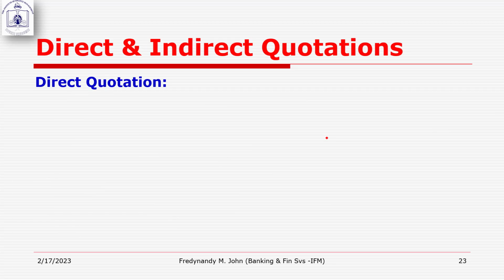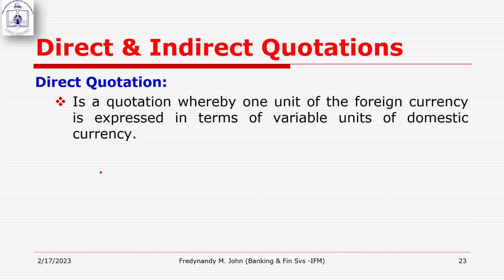Now, you have the issue of direct and indirect quotation. A quotation is considered to be a direct quote if one unit of the foreign currency is expressed in terms of variable units of the domestic currency.